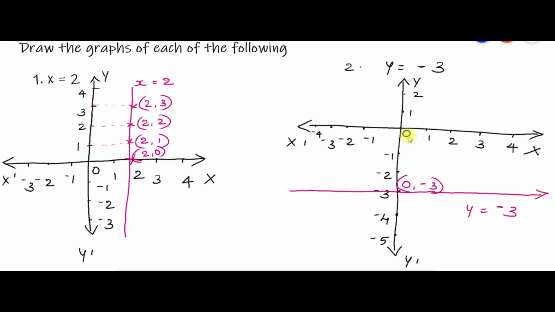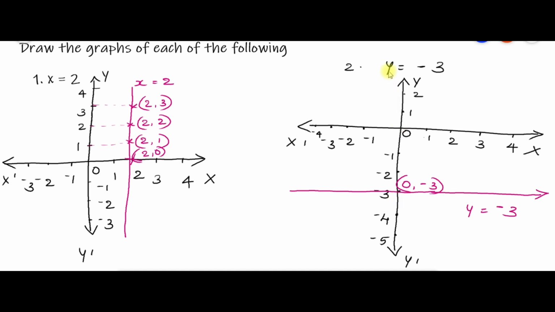So this one is your 0, this is your ordinate and here you have to plot the 0, minus 3 point, and it is a line parallel to x axis and it is at a distance 3 units below the x axis.